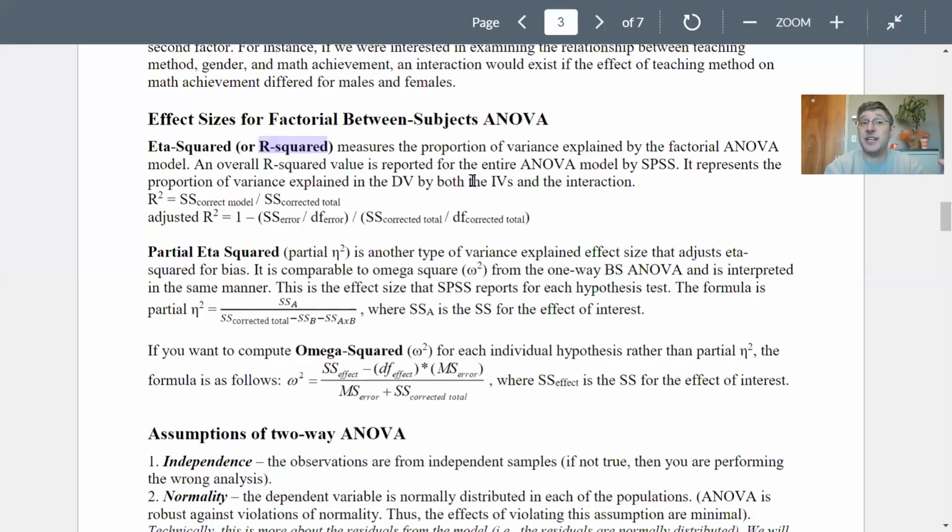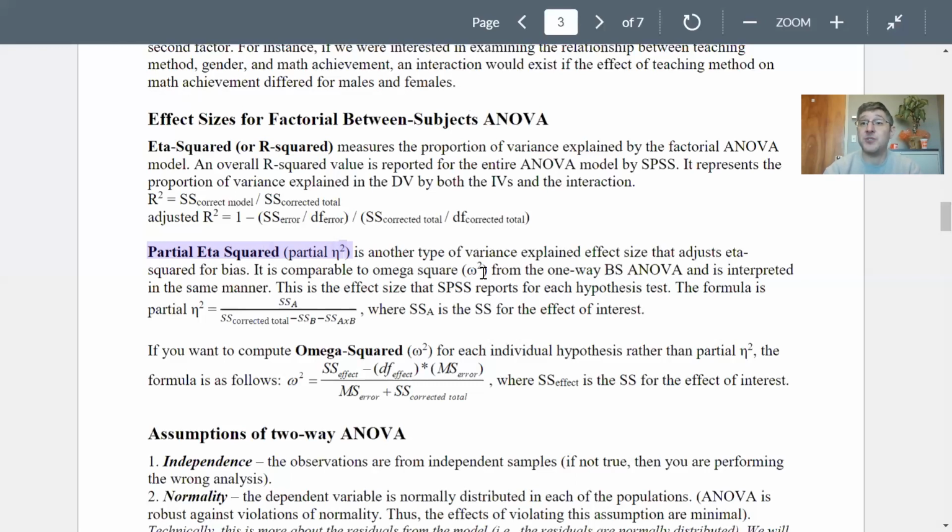SPSS will also give us partial eta squareds for each effect. So we'll get a partial eta squared for teaching method, which would say, you know, X% of variation in math achievement is explained by the different teaching methods.